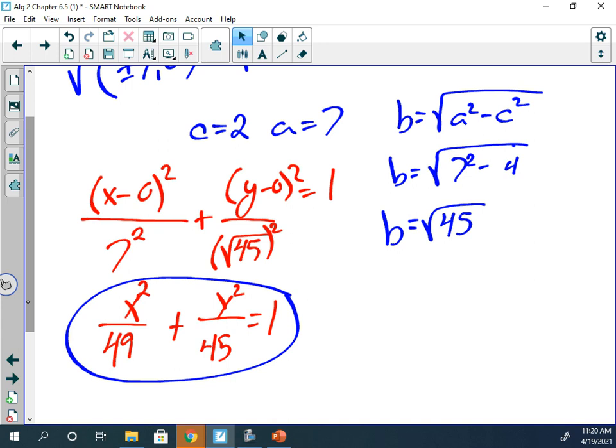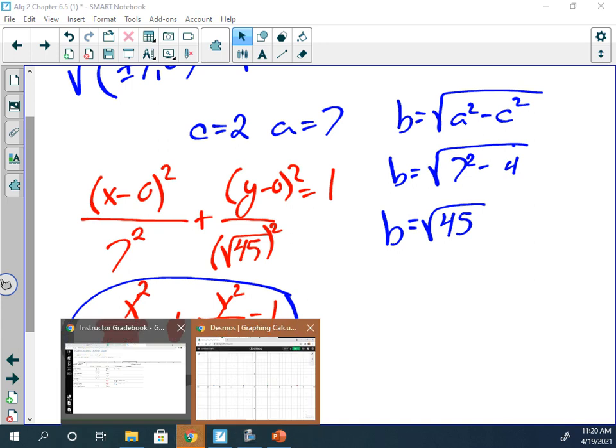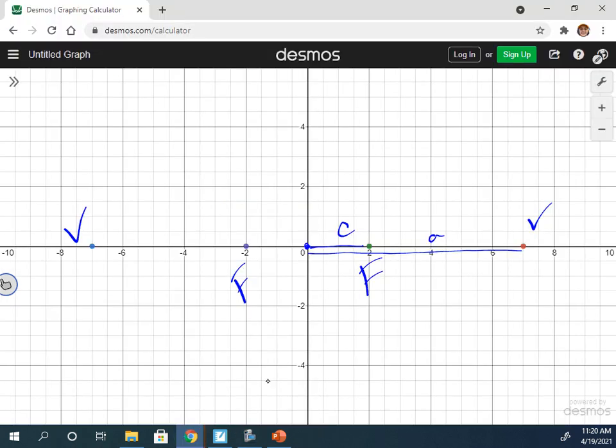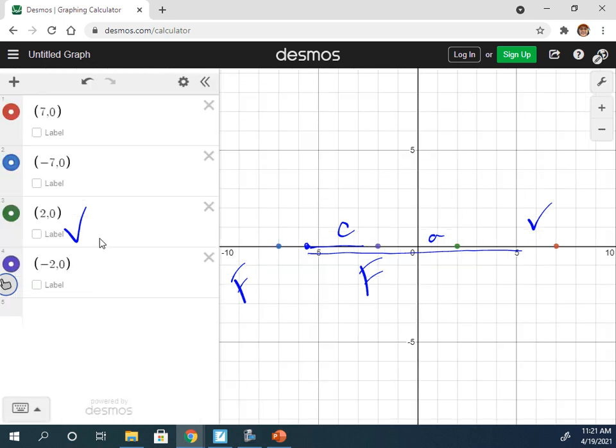Well, let's go on and pull Desmos back up. There's a nice thing about Desmos, and unlike your graphing calculators, Desmos does not have to have it in y equals form.